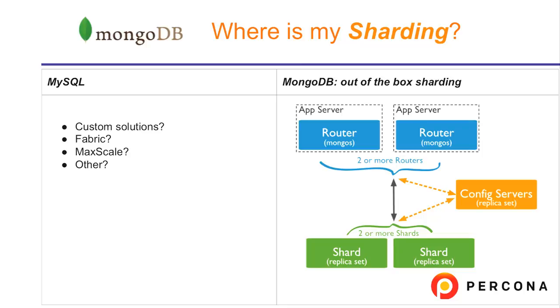Yes, go ahead. So what about reorganizing the data between the shards after adding new shards? Right, exactly. This is what rebalancing is. So that's what we call rebalancing in MongoDB. By default, MongoDB does automatic rebalancing, or you can do it manually.